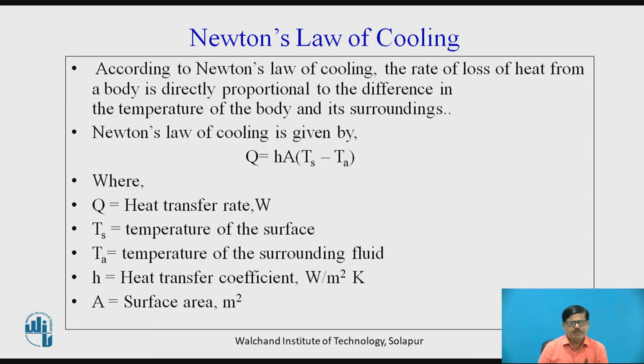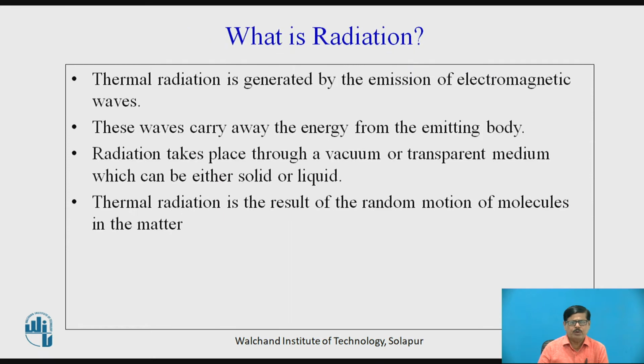So the equation for Newton's law of cooling is given by Q = hA(Ts − Ta), where Q is the heat transfer rate in watts, Ts is the temperature of the surface, Ta is the temperature of the surrounding fluid, h is the heat transfer coefficient in watt per meter square Kelvin, and A is the surface area. In convection, the heat will be lost from the surface, therefore we consider the surface area.